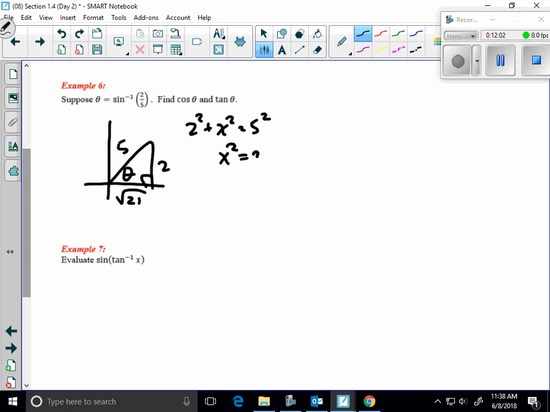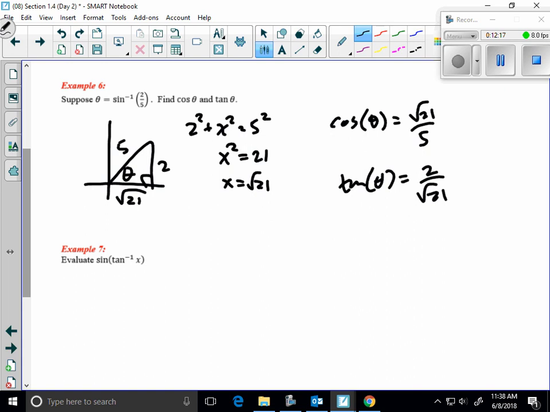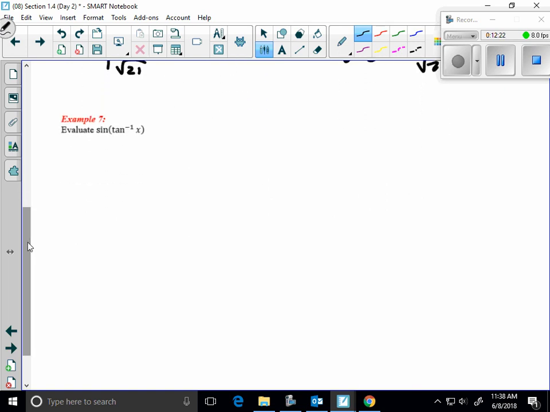Well, x squared would then have to equal 21, which means x has to equal root 21. So now I can come up with the cosine. The cosine would be adjacent over hypotenuse, which would be root 21 over 5. And the tangent of theta would be 2 over root 21. All right. When in doubt on problems like this, draw a triangle. Just draw a triangle, and it'll get you to where you need to go.